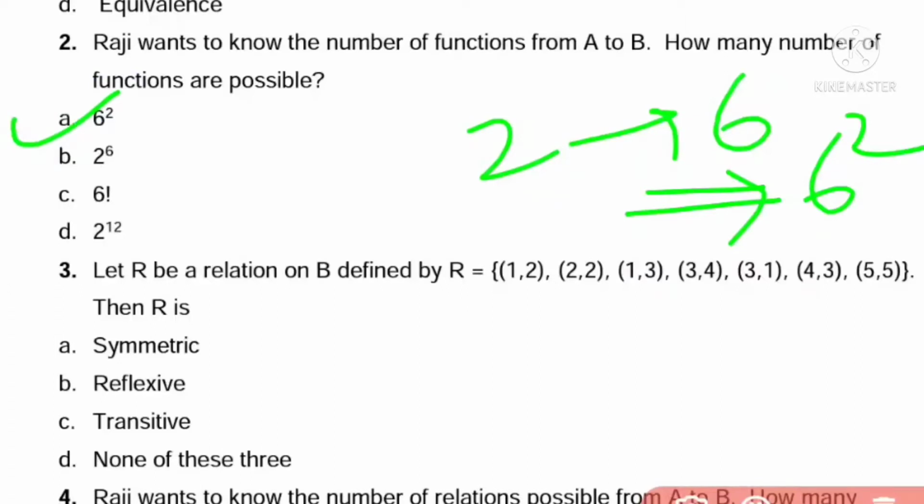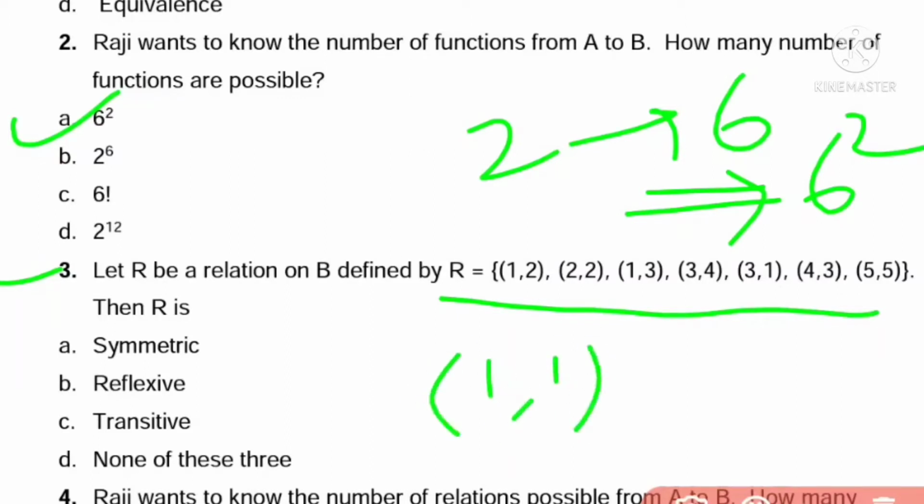Next, let R be the relation on B defined by R equal to, here is (1, 2). Look here, we can see 1 is not present, 2 is not present, 3 is not present. So it is not reflexive.